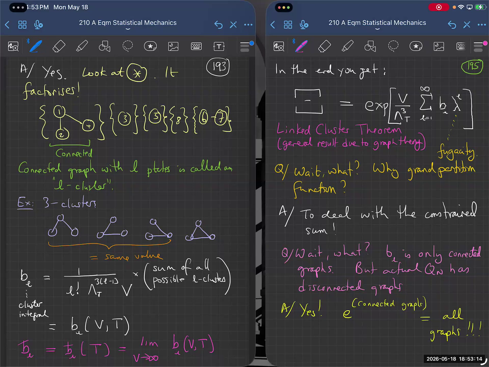Okay, so I'm going to stop there. There's still one more piece of this that needs to be done. There's another absolutely amazing simplification that comes out from graph theory. I'm going to show you that next time as well. I'm just going to show you the end result.